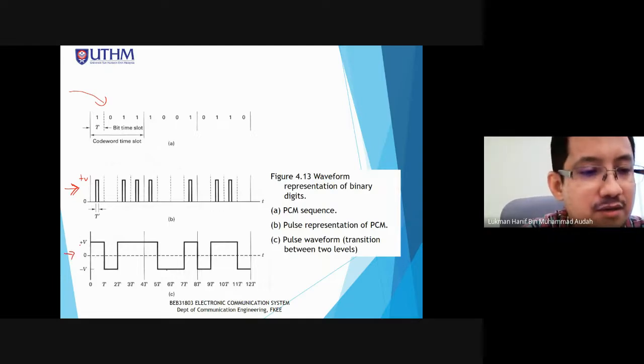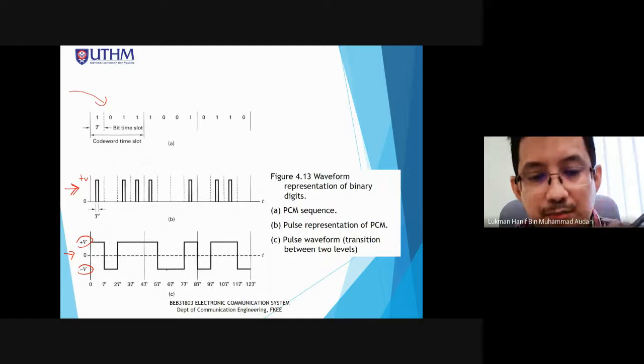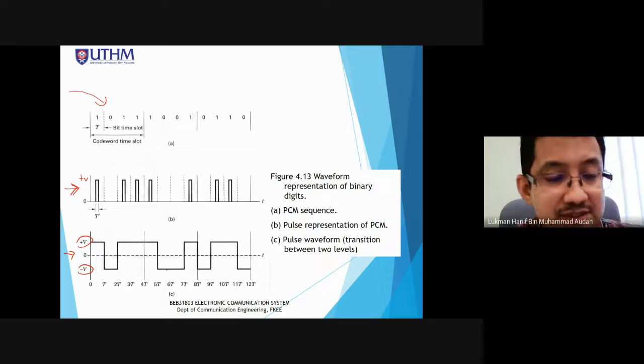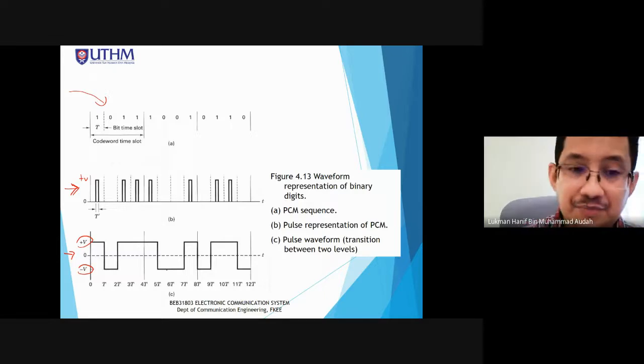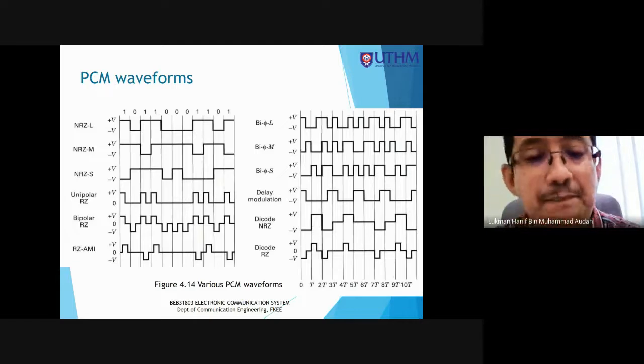Bipolar kita ada dua level positive and negative polarity. Okay, so ada dua jenis pulses, sama ada unipolar pulses ataupun bipolar pulses. Okay, dan ini ada digambarkan dalam waveform ini.